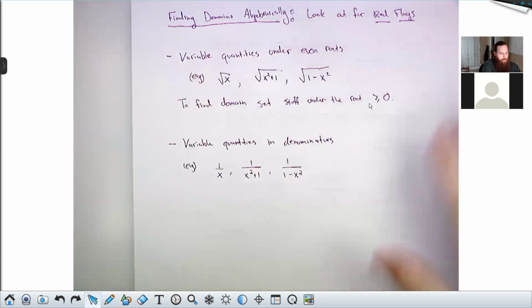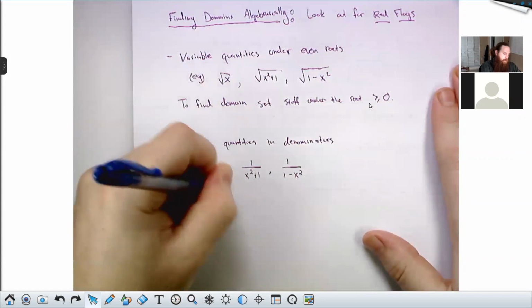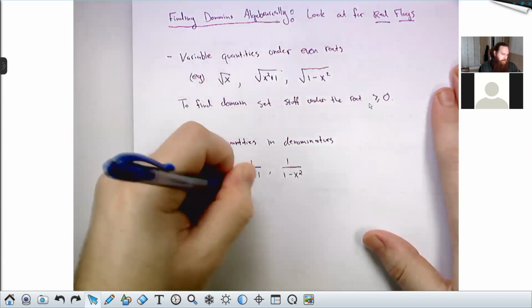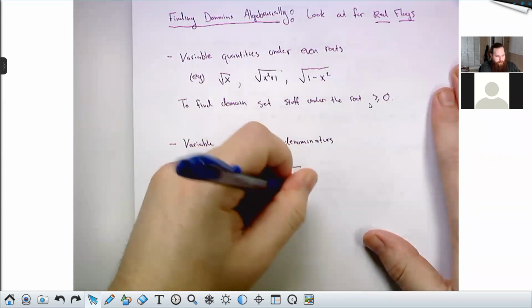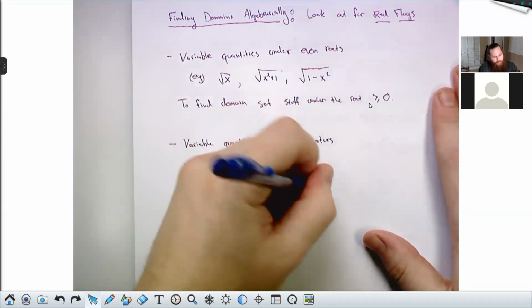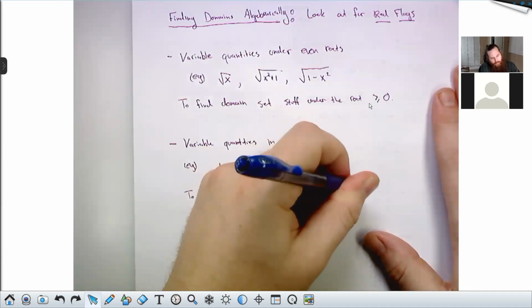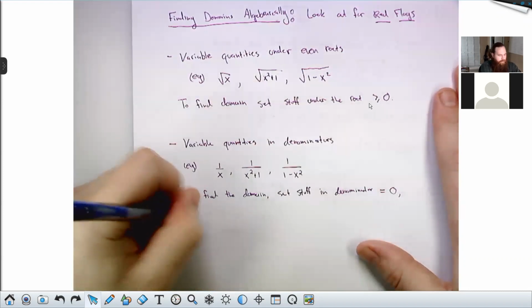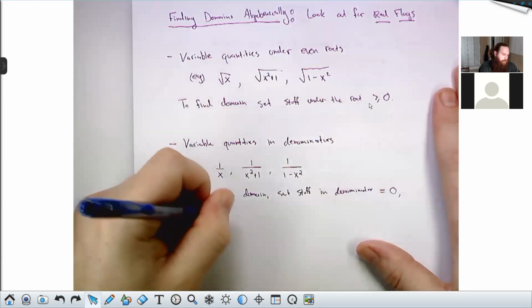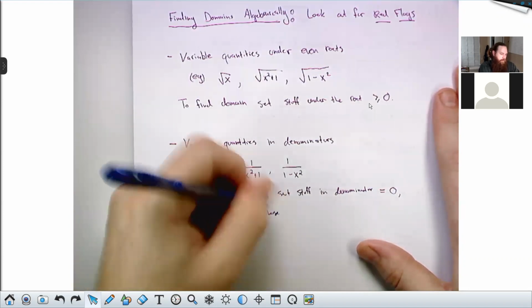And here, to find the domain, set the stuff in the denominator equal to 0, then kick out those x values.